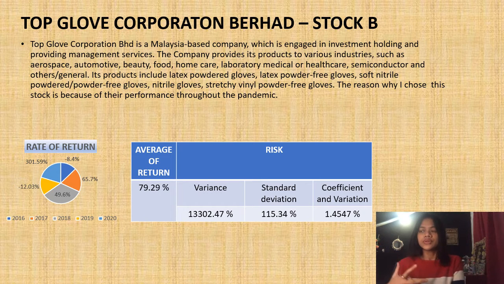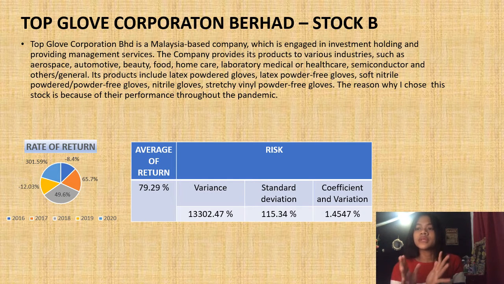As you can see from the risk perspective, there are the variance, standard deviation, and coefficient of variation. The variance is about 1,302.47%, the standard deviation about 115.34%, and the coefficient of variation about 1.4547%.